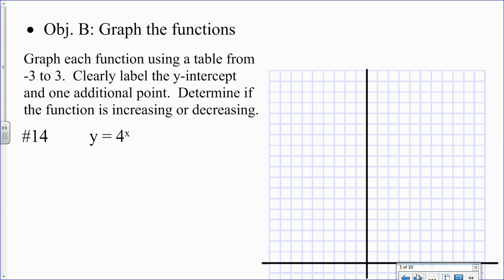Okay, so this is a parent function. So not all parent functions your base is 4, but if it's just y equals some base to the x, that's a parent function. All right, and we're going to make a table. It says go from -3 to +3. We won't always have to do that many numbers.